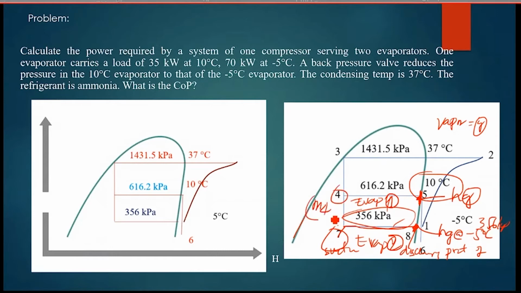Mass 4 at evaporator 1. What is the mass entering at evaporator 2? This is 2, this is 7. So mass 7. Why do we need that? Because we are going to calculate the refrigerating effect. So we need this mass of refrigerant entering the evaporator.